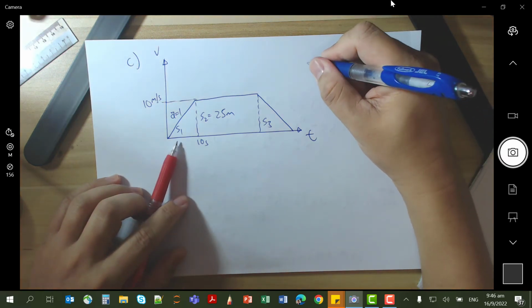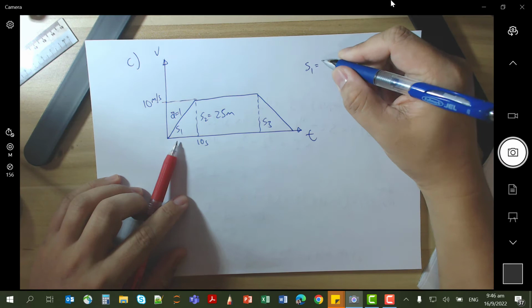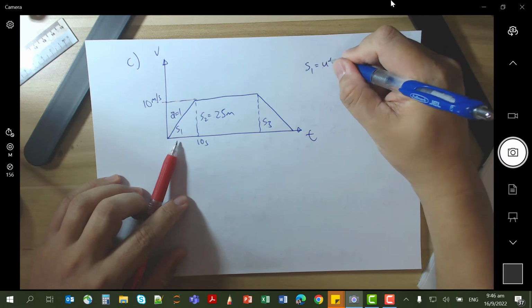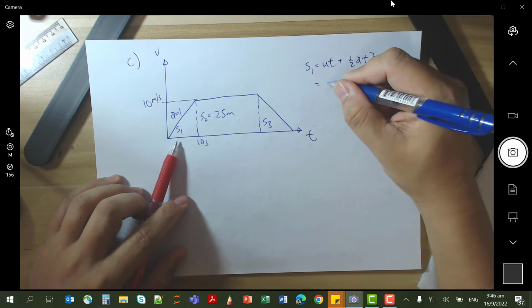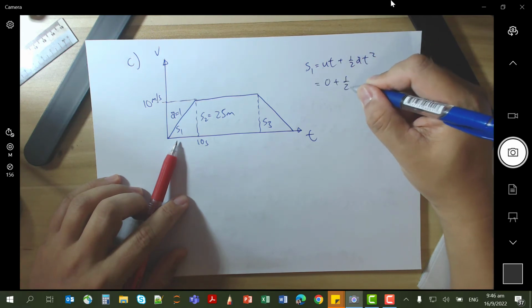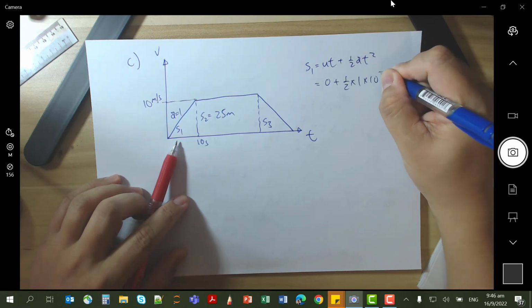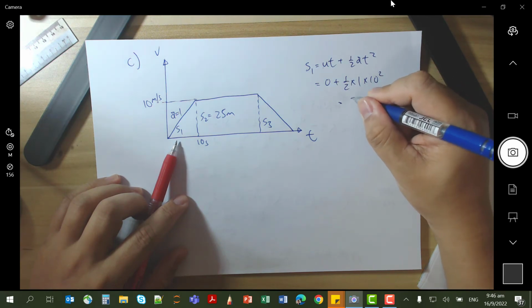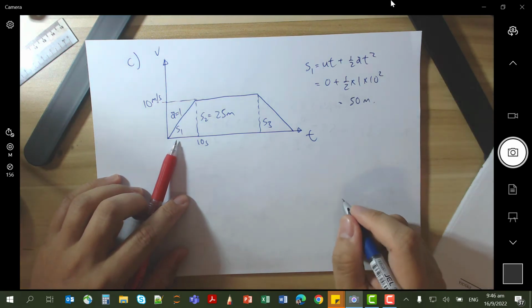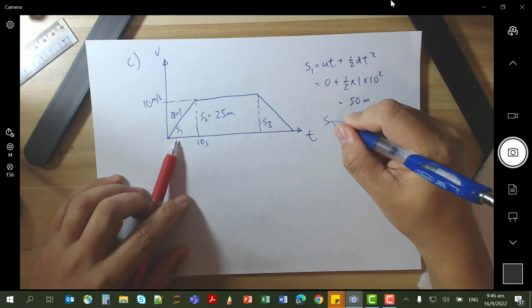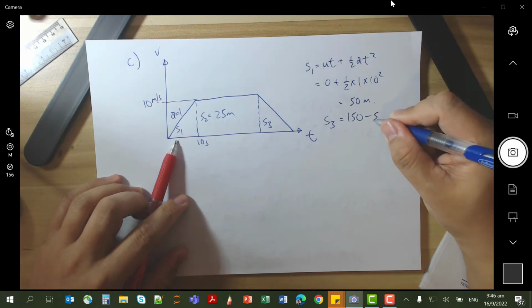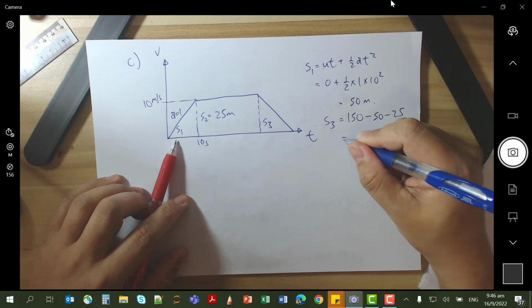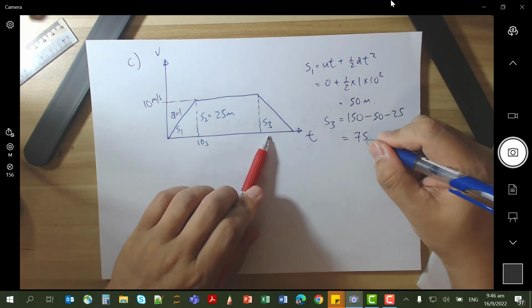S1 is equal to UT plus half AT squared, which will give you 0 plus, so this will be 50 meters. Because of this, S3 will be, we know total is 150, we just minus 50 and minus 25. The last phase is 75 meters.